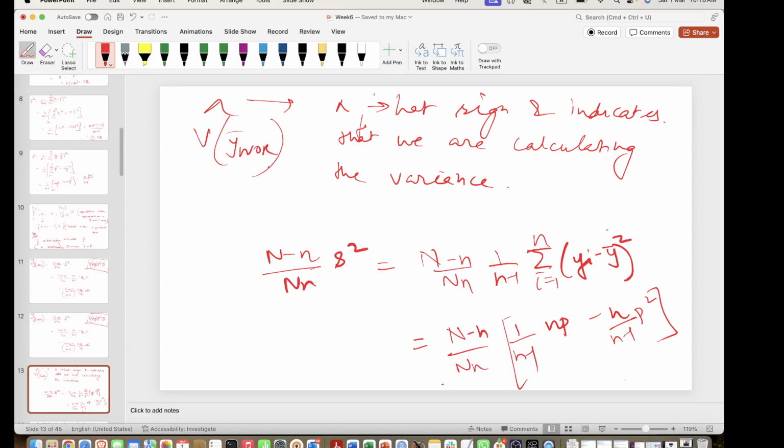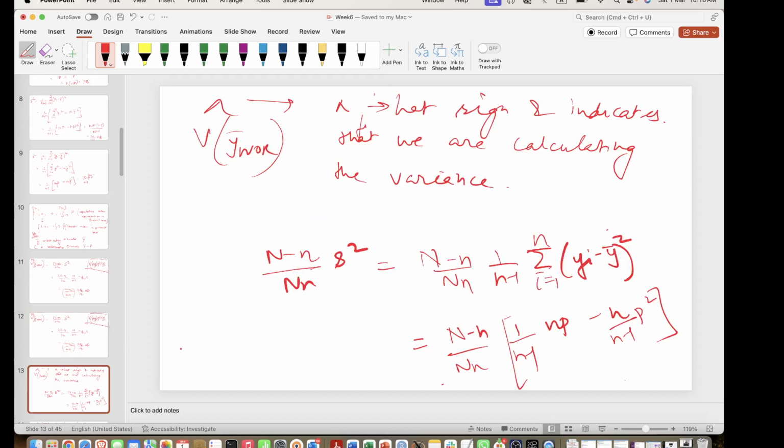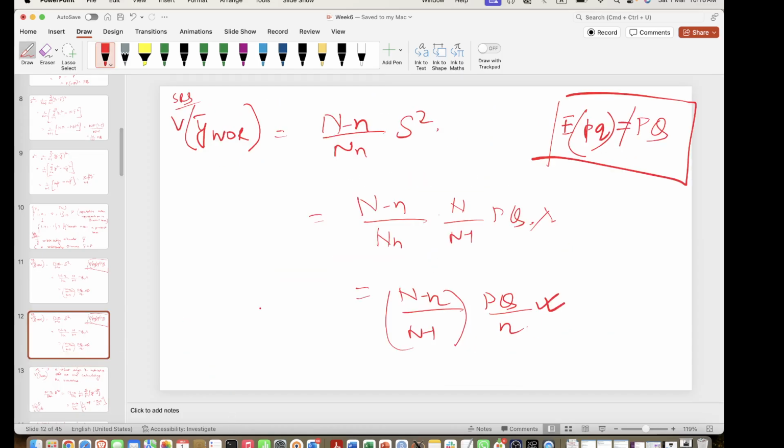Now this is how you would calculate v hat of y bar WOR, but the question would arise: since I have this PQ, and since we know that expectation of small p equals capital P, expectation of small q equals capital Q, why not replace capital P by small p and capital Q by small q?